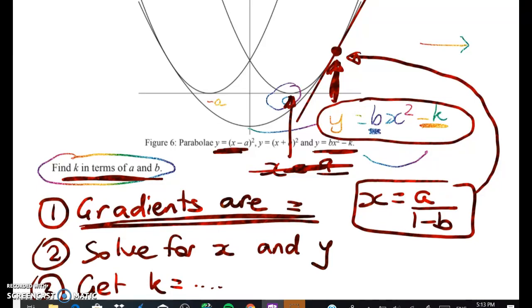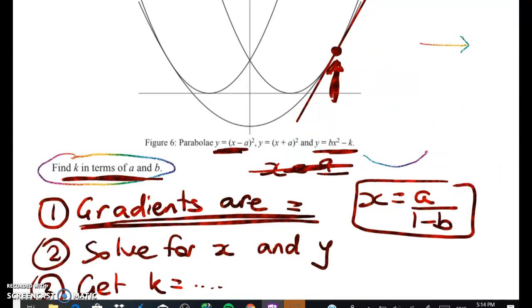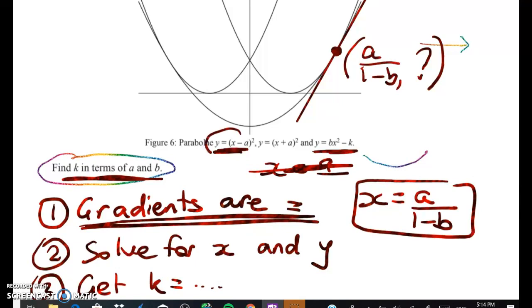Right, so we know that there's this point here. I'm just going to get rid of some of this big mess. Right, so we've got this point, and we know the x coordinate is a over 1 minus b, and we want to now figure out what the y coordinate is. And the y coordinate is going to be the same whichever of these two equations we use. So we're going to equate the two y coordinates and then solve for k.